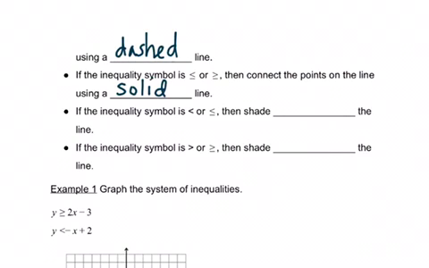If the inequality symbol is less than or equal to, you're going to shade below the line. And if the inequality symbol is greater than or equal to, you're going to shade above the line.